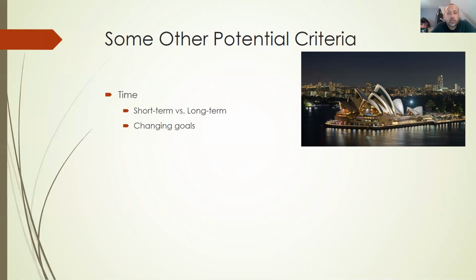It also reflects changing goals, in that the decision makers themselves often change while a policy is being implemented. And if they have different goals, they might stop the implementation or they might try to make it more difficult.